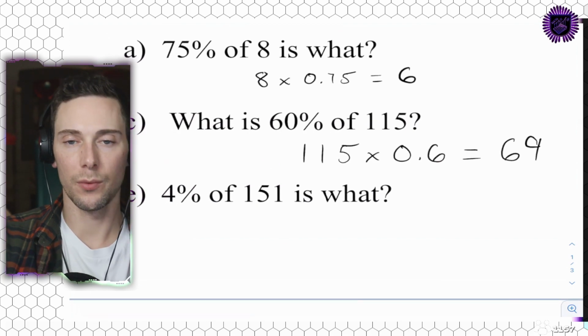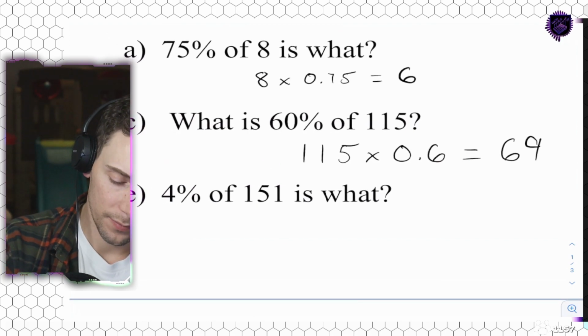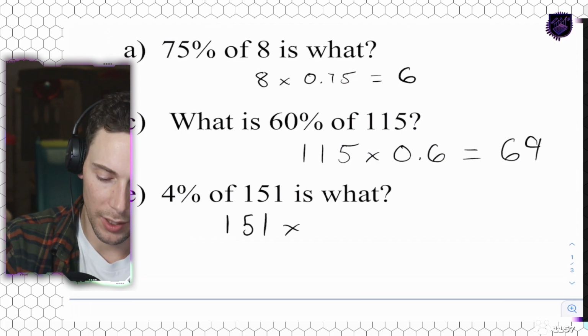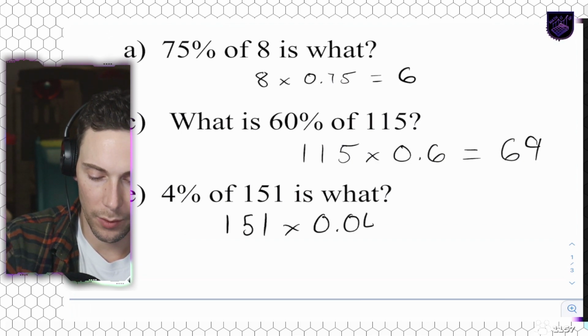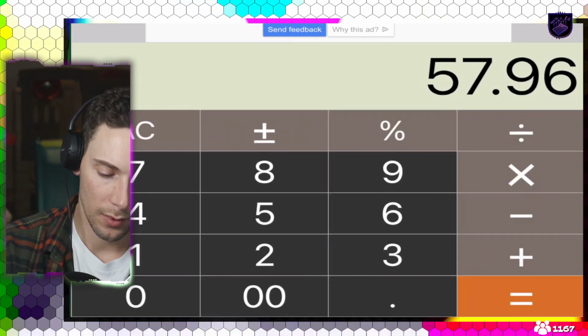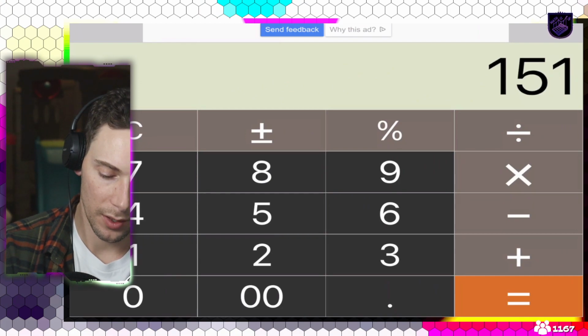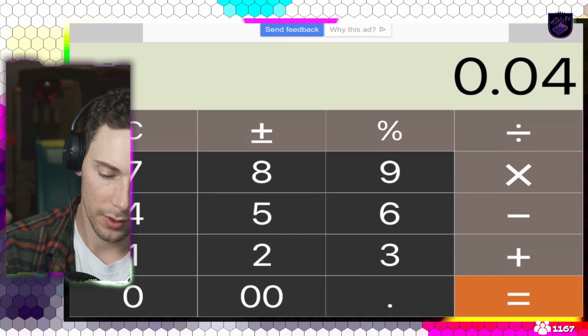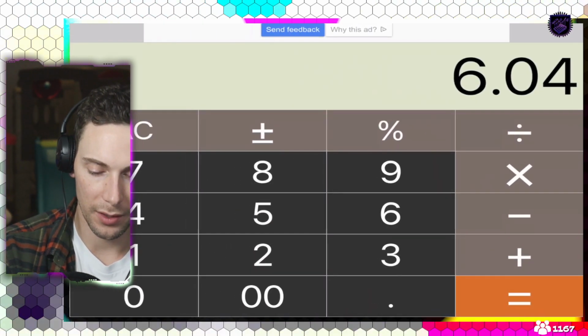4% of 151. 151 multiplied by 0.04 is equal to 6.04. We'll round that to 6.